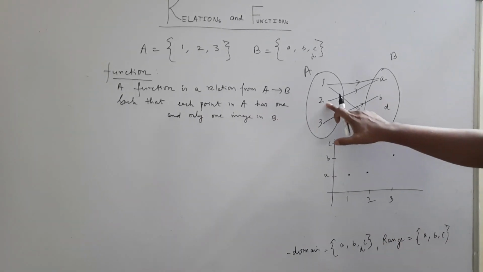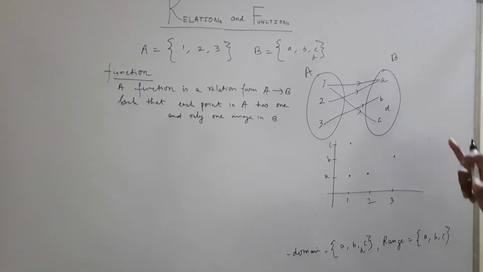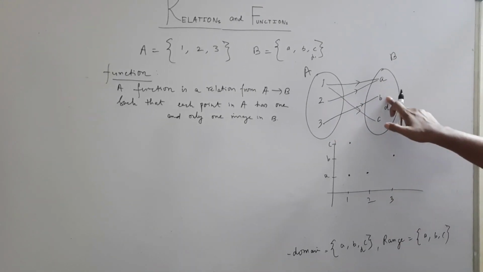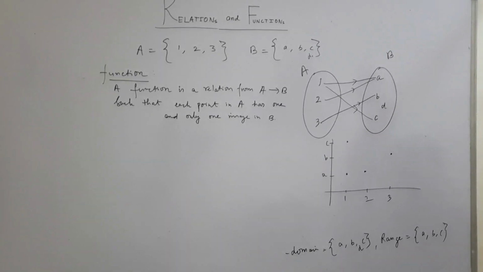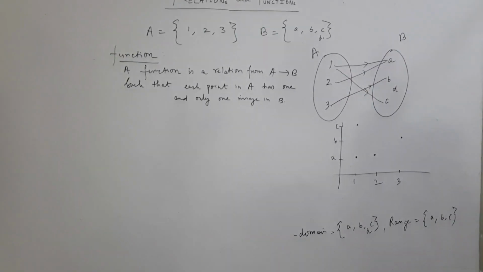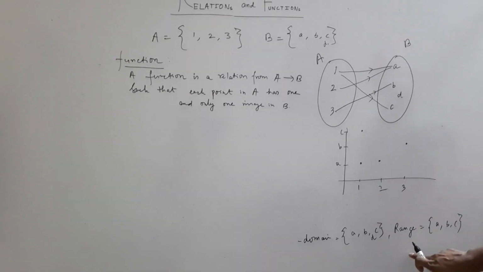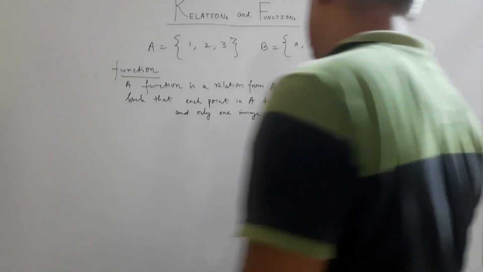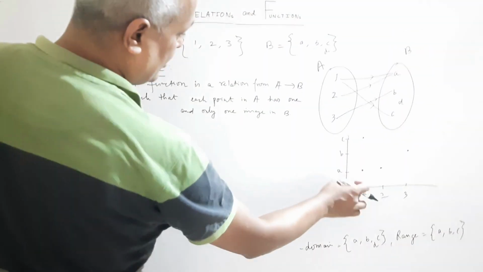Now you see the relation. 2 is connected to A, it means A is the only image of 2. B is similarly the only image of 3. But A and C both are images of 1. It means this relation, what we have written here, is now plotted.